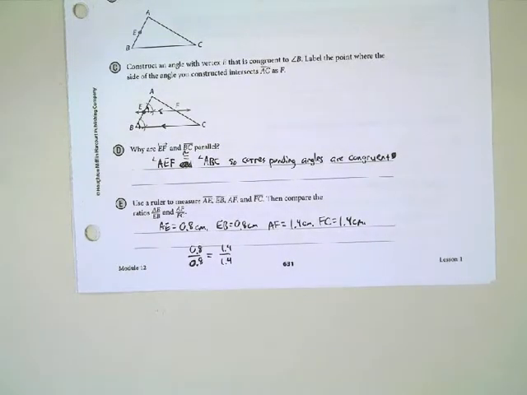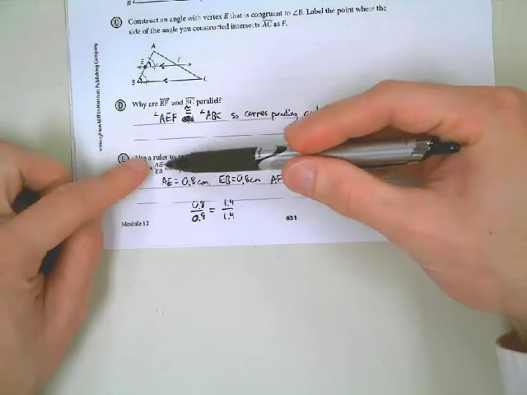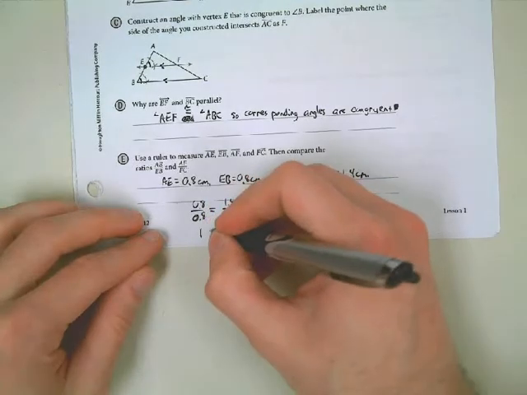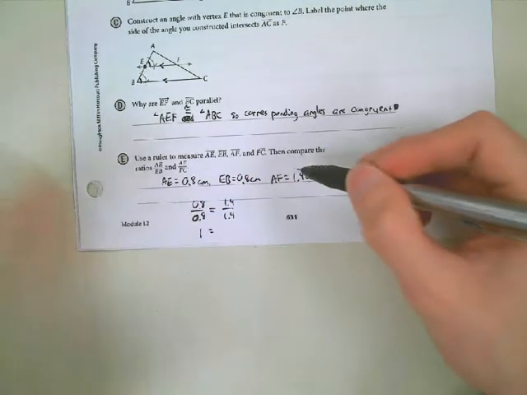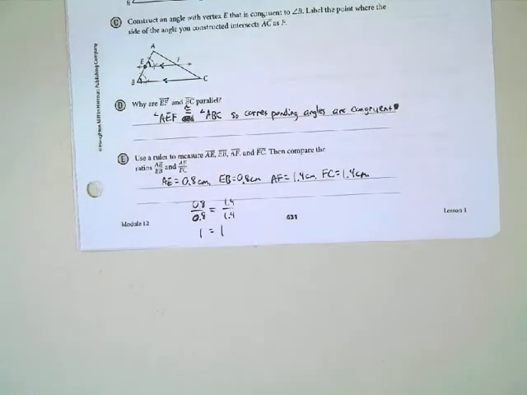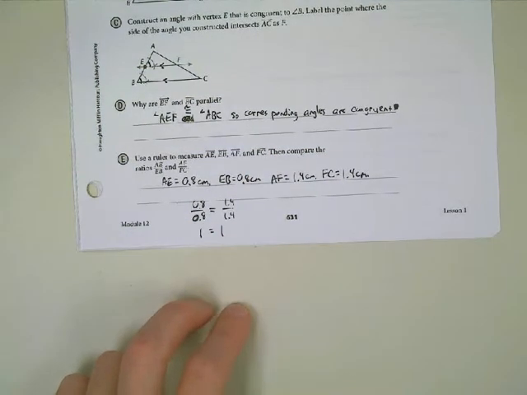You find the ratios: 0.8 divided by 0.8, because AE and EB I both measured to be about 0.8, and that gives us 1. And AF and FC I measured to be about 1.4, so also 1. So what's true about these two ratios? They're equal, they're the same, that's right.